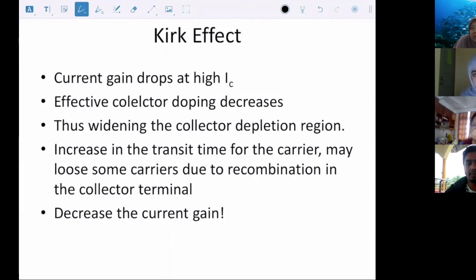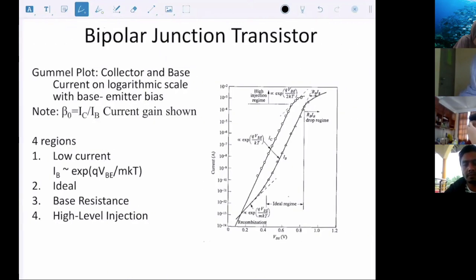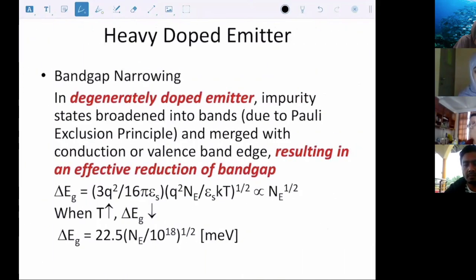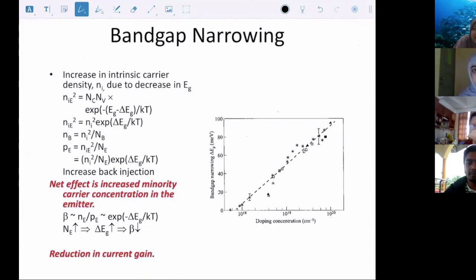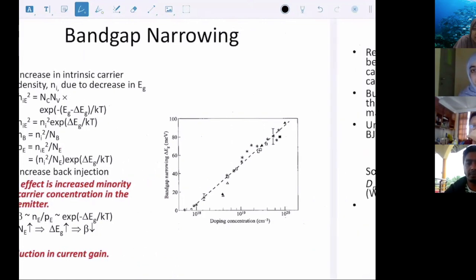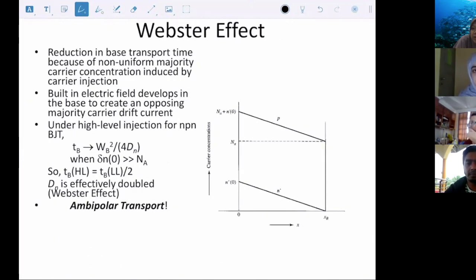Only the Kerr effect sometimes takes a bit difficult to understand, the physics. Then it depends on whether I'm energetic or not. If not, we skip the band gap narrowing and Webster effect. Then we have only the MOSFET after that.